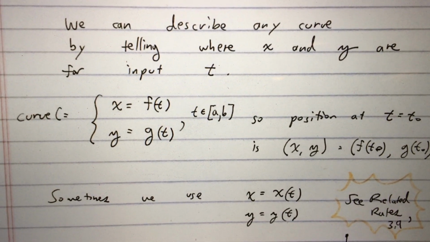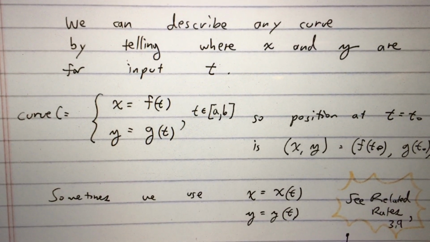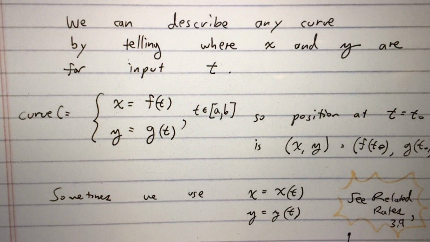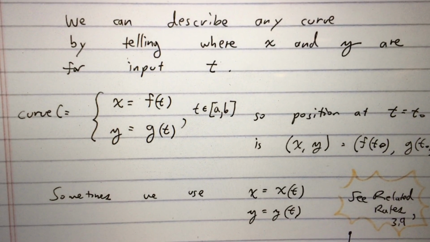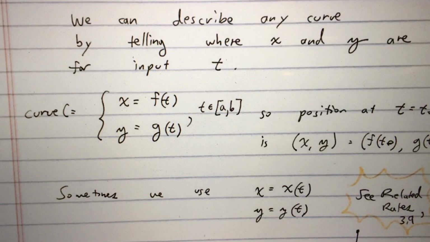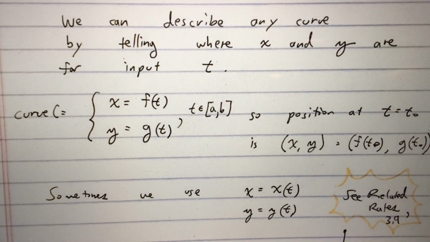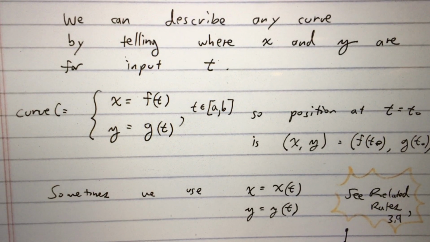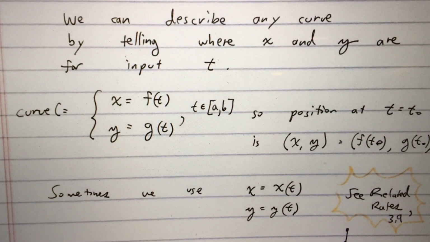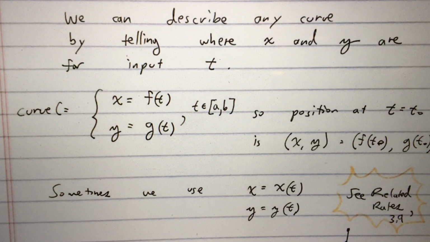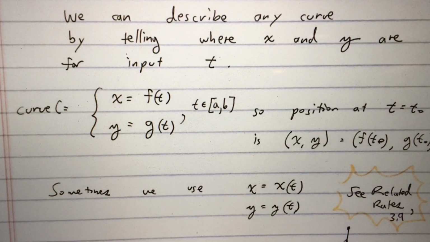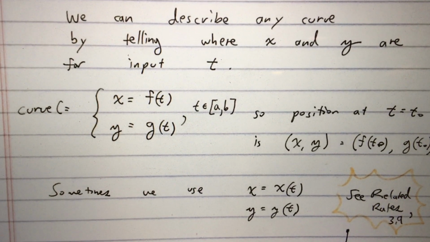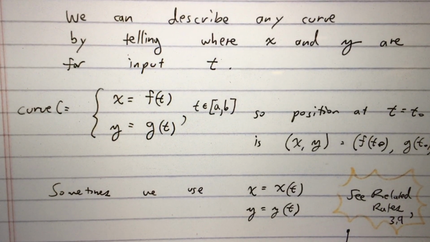We have seen these before. In chapter 3.9, Calc 1, related rates, there's often a pair of equations where x and y both depend on time. So there's a lot of examples in that chapter of real life situations. And there's also these kind of curves where they have x equals x of t and y equals y of t, the position of the spaceship or the ship or the insect, whatever you like.